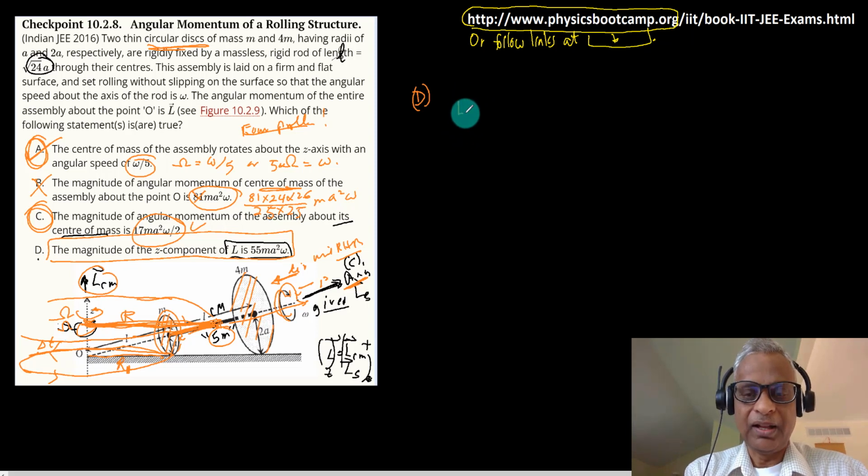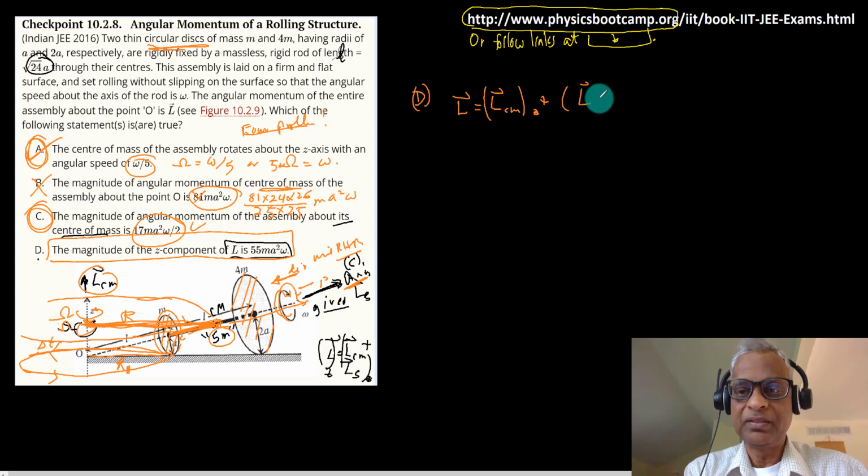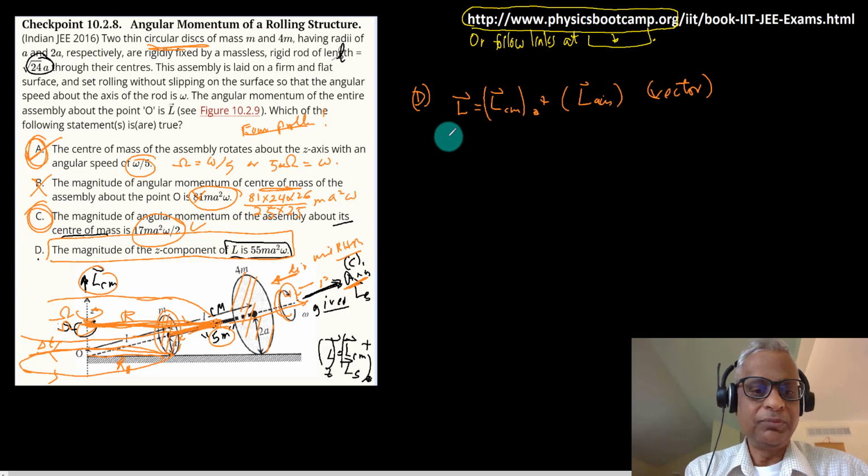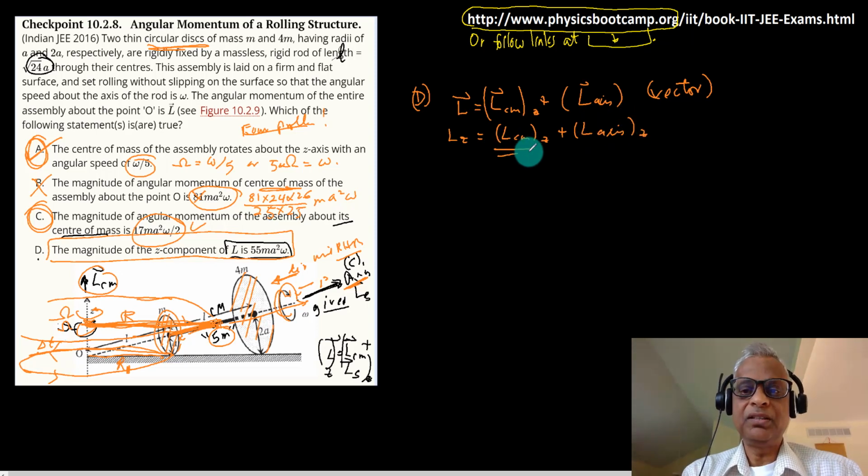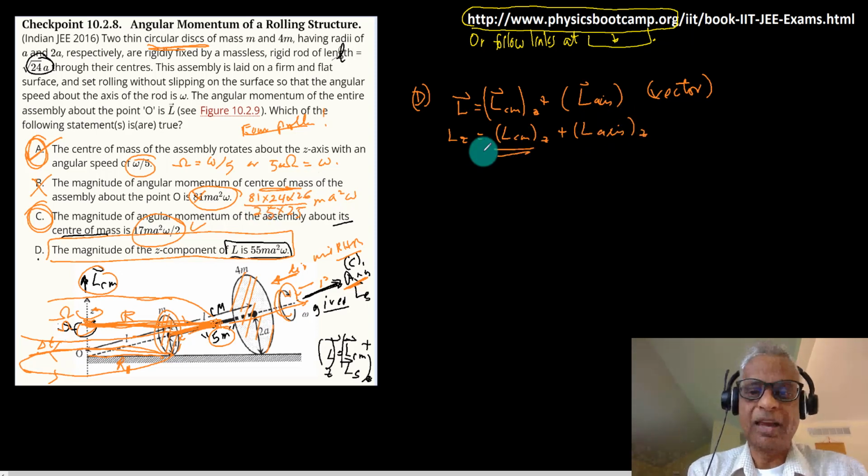So L is LCM plus L axis vectors. So L of Z is LCM vector z plus L axis vector z. So this one we already have.